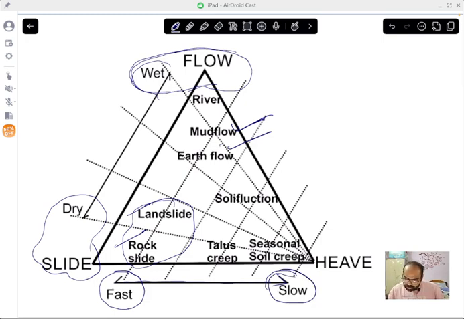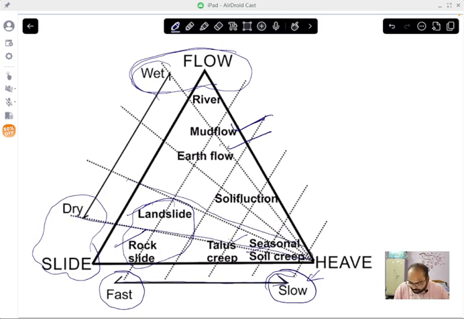In heave, talus is the composition of all the boulders and rocks. Talus creep, soil creep, creep or heave, both are one and the same. It is a slow process and it is also dry in nature.